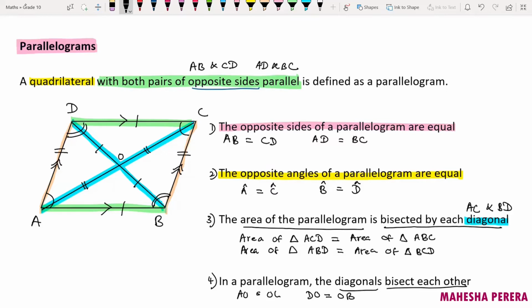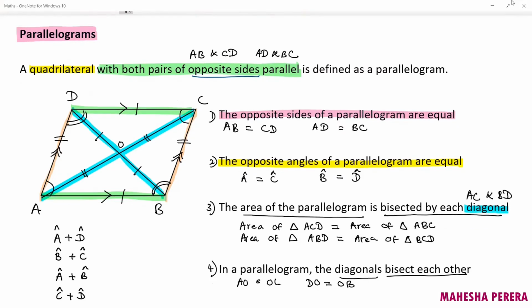So first of all, you need to understand these properties, the properties of a parallelogram. Right, now, apart from these properties, remember these points as well.